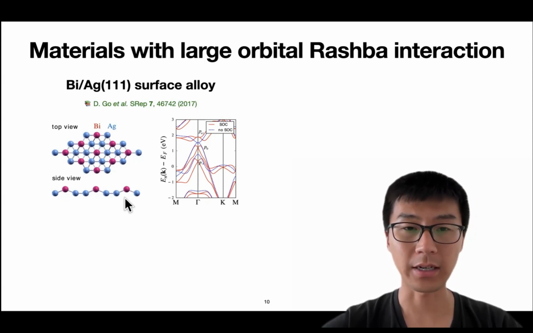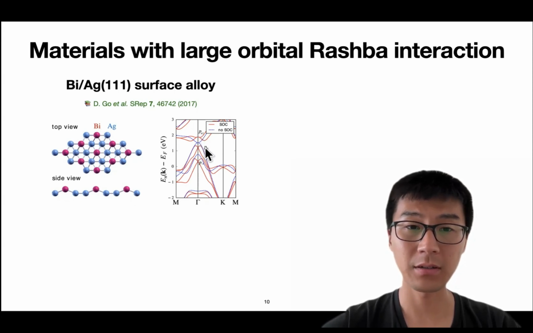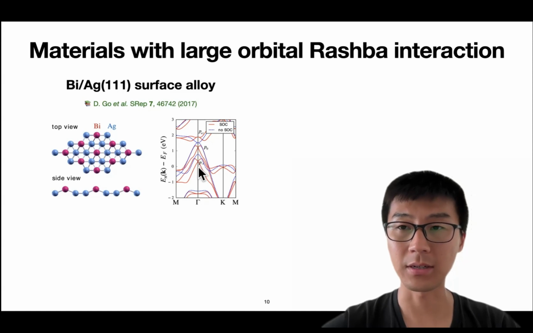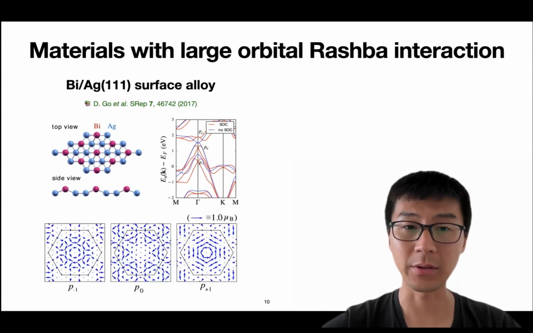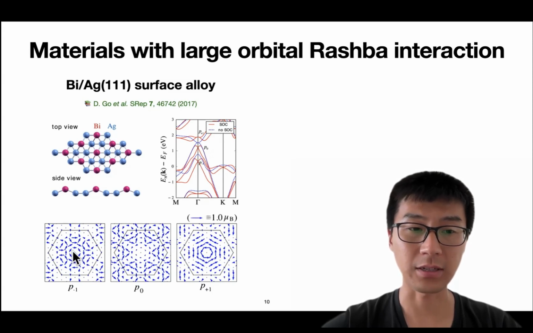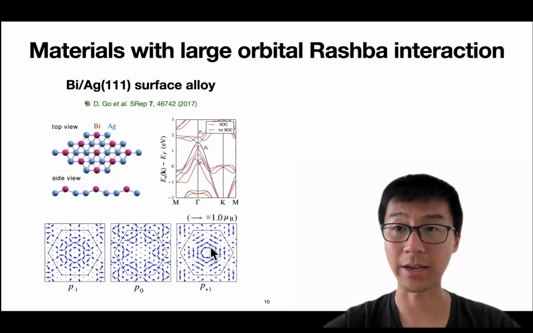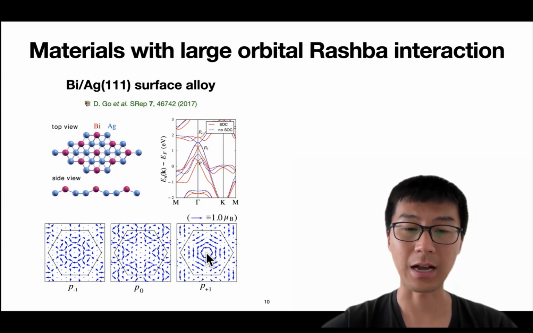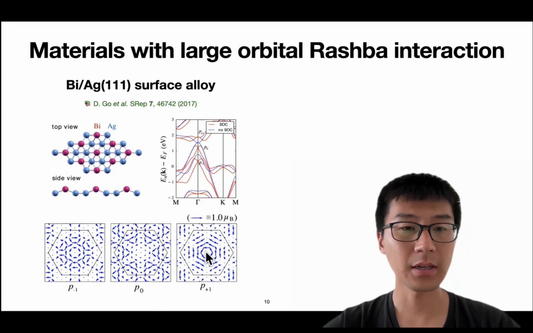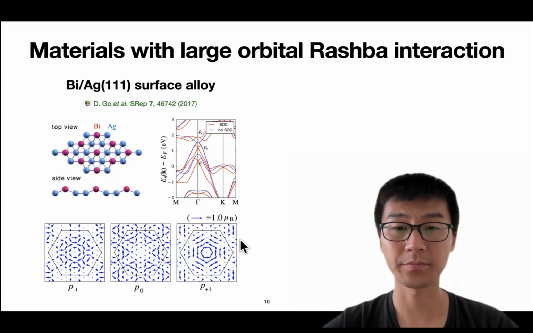So when you analyze the orbital angular momentum of p plus 1, p0, and p minus 1 bands, as shown here, even without spin-orbit coupling on this blue dashed line, this shows a very clear clockwise, zero, and counterclockwise texture of angular momentum around the gamma point. So this is, I think, quite a textbook-like example of the band structure and the orbital texture.